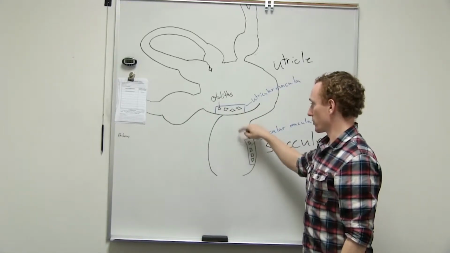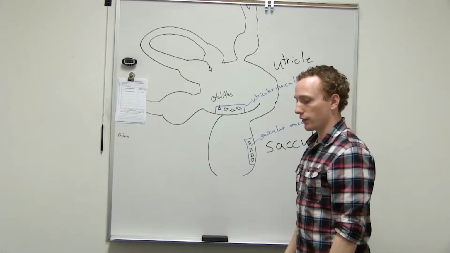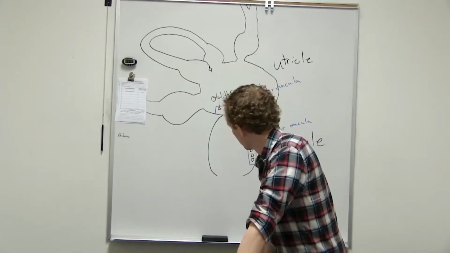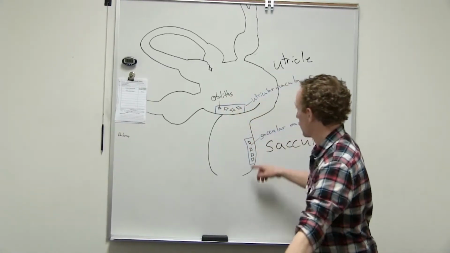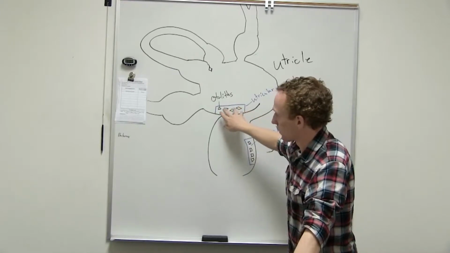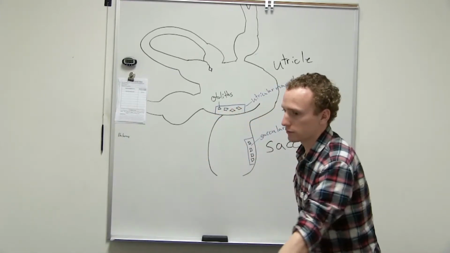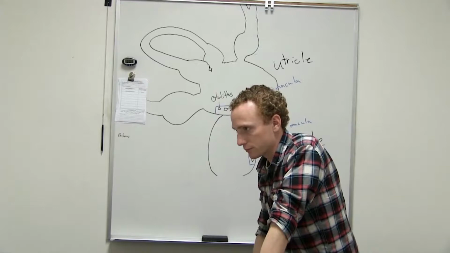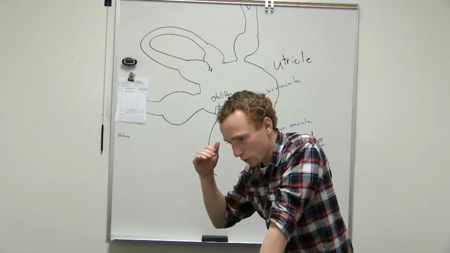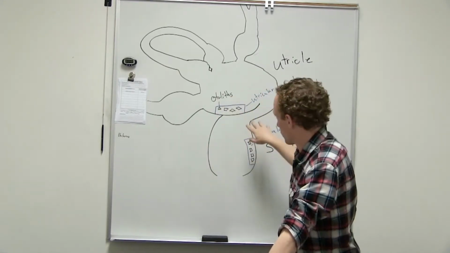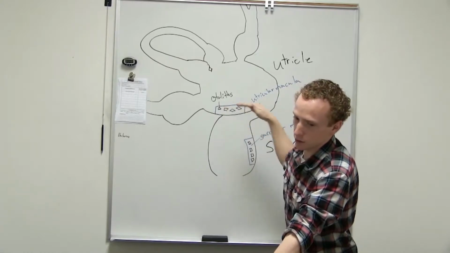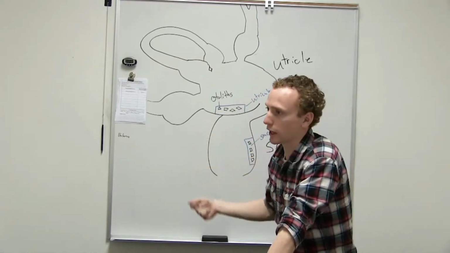For example, if I lean forward, these rocks are going to be pushed one way a little bit. Because they're being pushed one way, my brain takes that signal and says, okay, I know what that is.